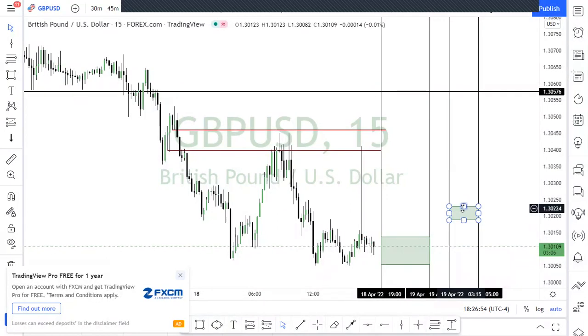Our intended direction is sell, but there should be a Judas swing or a protraction phase that will rally price initially to our Q zone before the sell unfolds.